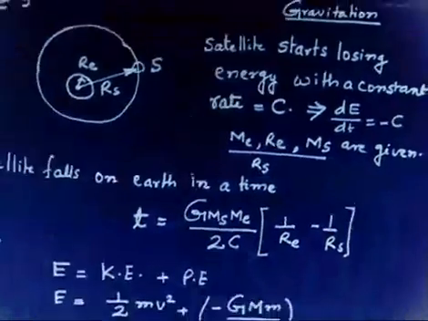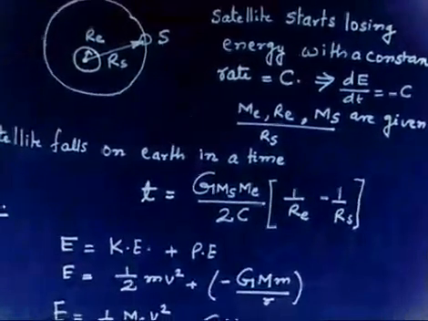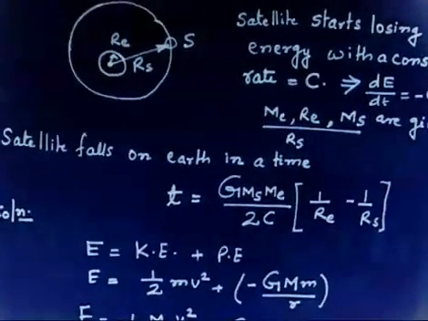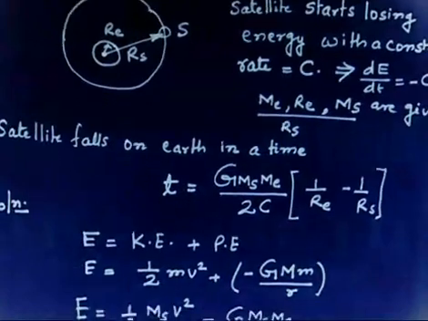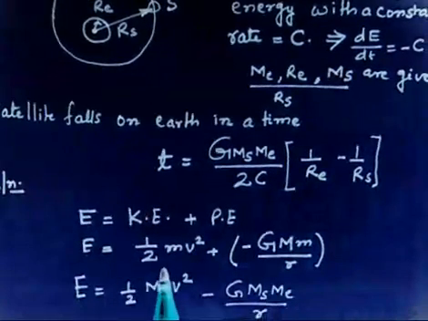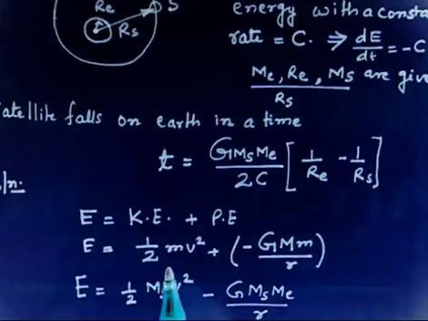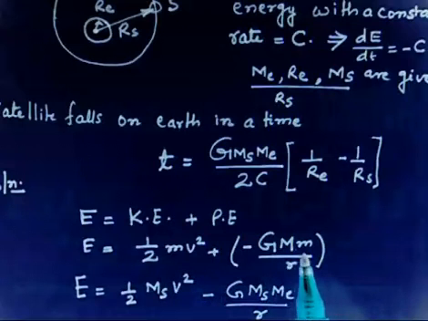If this satellite is moving, the total energy E of the satellite is the sum of kinetic energy plus potential energy. Everybody knows that if it is moving in a circular orbit, the kinetic energy is half m v squared and the potential energy is minus G M m by r.